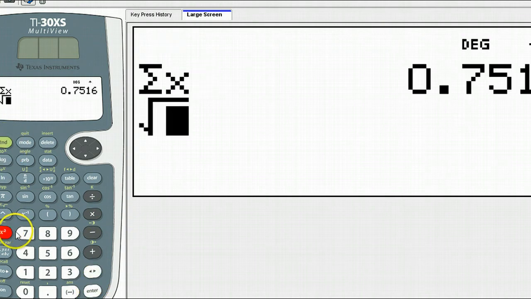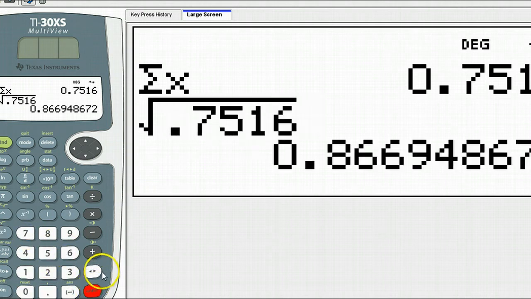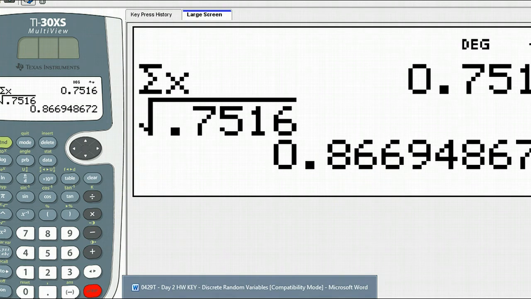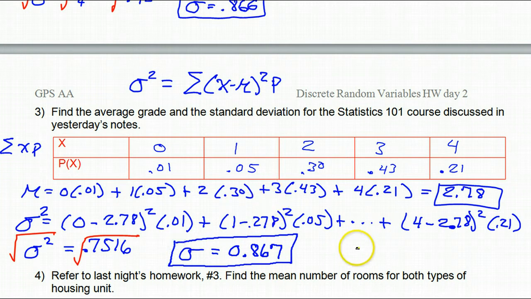That is 0.8669. I'm going to round that to 0.867. That looks awfully familiar. So there is our standard deviation.